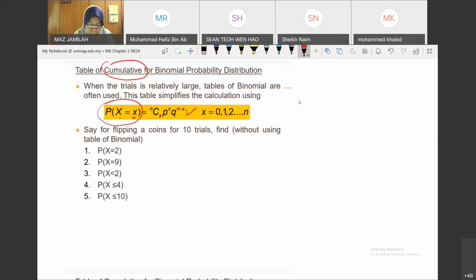But what if the number of trials and the probability that you wish to find is larger than what you are expected? This is where the cumulative binomial probability distribution is very important and useful for you.